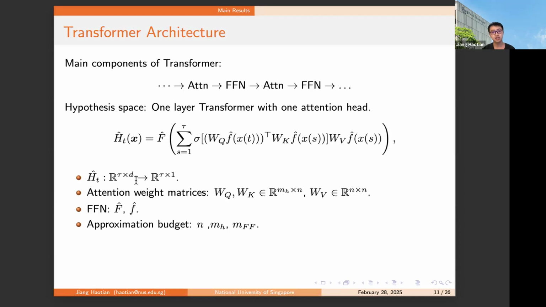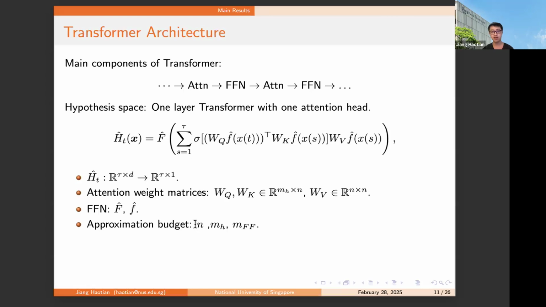This means that each input token is D-dimensional, and we have tau input tokens. H_t is a mapping from this to a scalar sequence. The attention weight matrices are written as W_Q, W_K, and W_V, and these two Fs are the feed-forward neural networks.